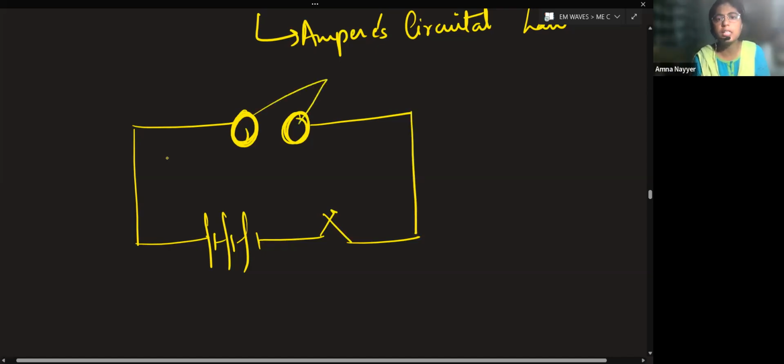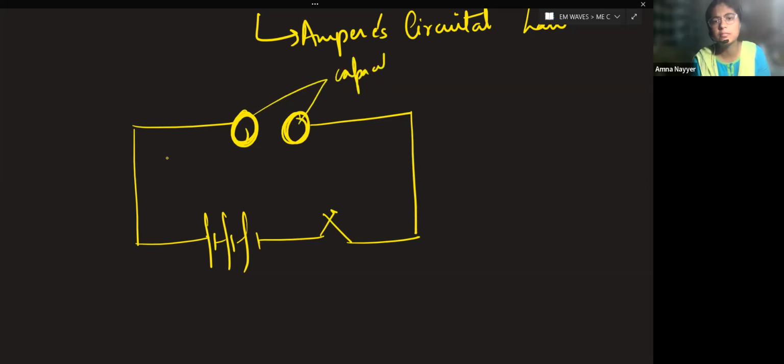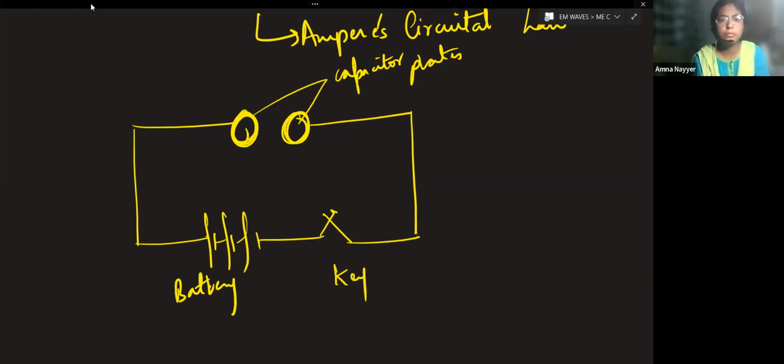So these are the capacitor plates. This is the key, this is the battery. Now he chose two loops. This is the first loop, C1, and this is the second loop, C2. These are the two loops that are present.